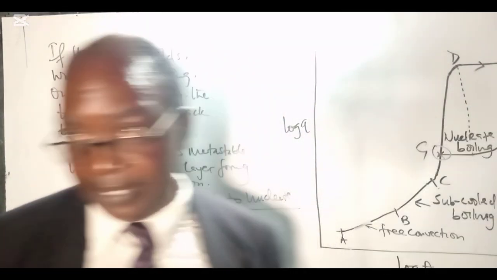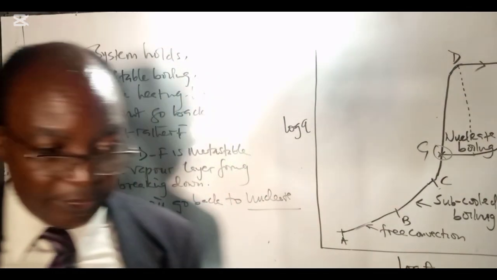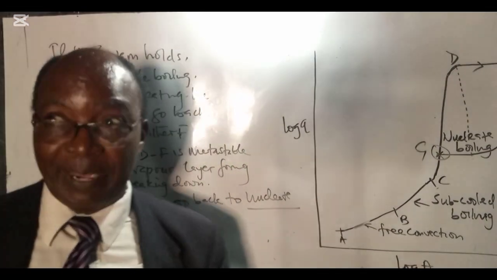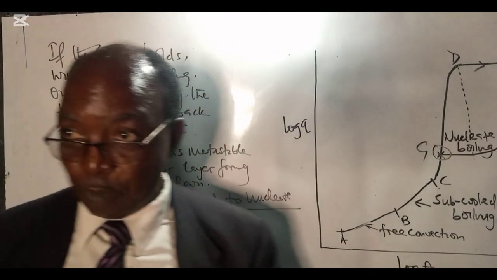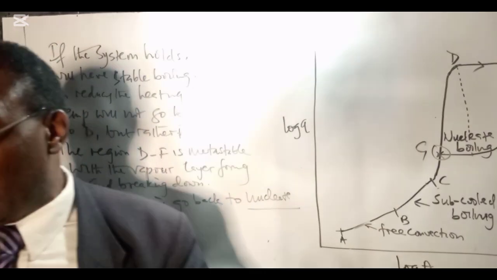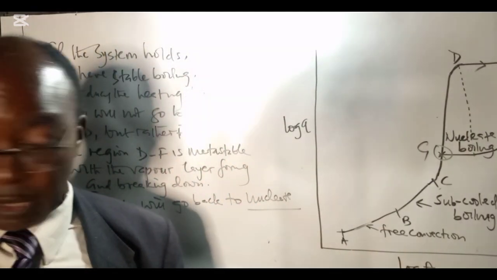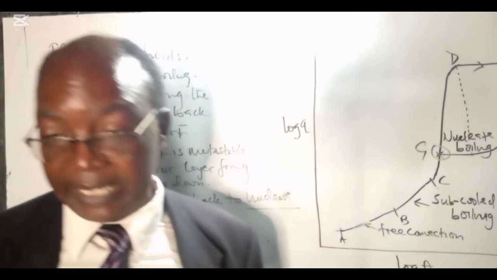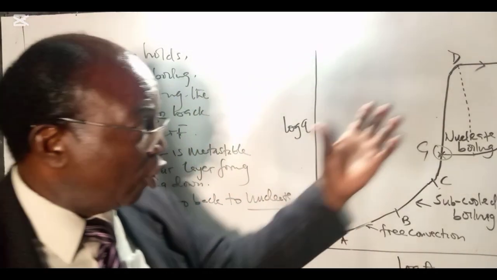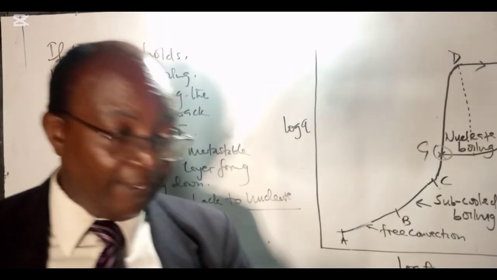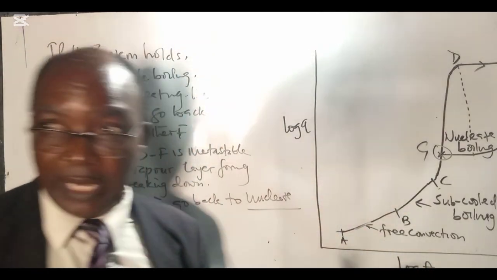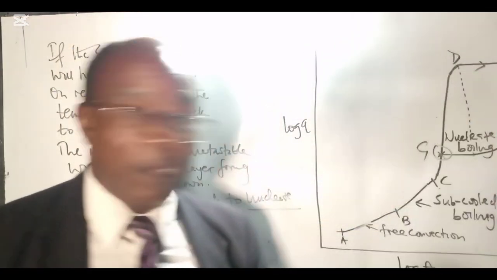At that point, the heating surface might not hold, depending on the thermal properties of the material used in making it, and so it might break down or even melt. But if it holds, then you have stable boiling.